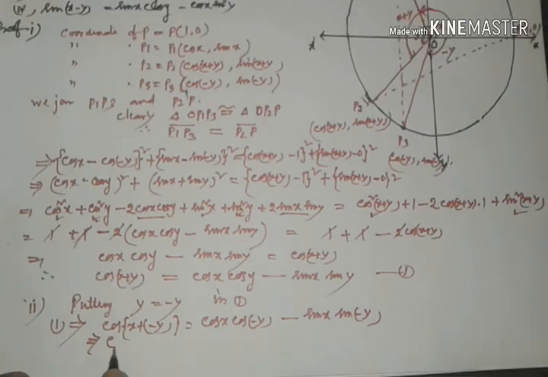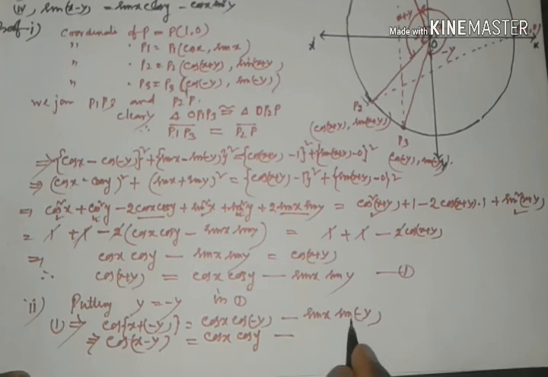From this we can write cos x minus y. This is cos minus y, this is only cos y. Cos y is an even function. Therefore this is simply cos x cos y. But in case of sin minus y, this is sin x times minus, therefore it will be plus.